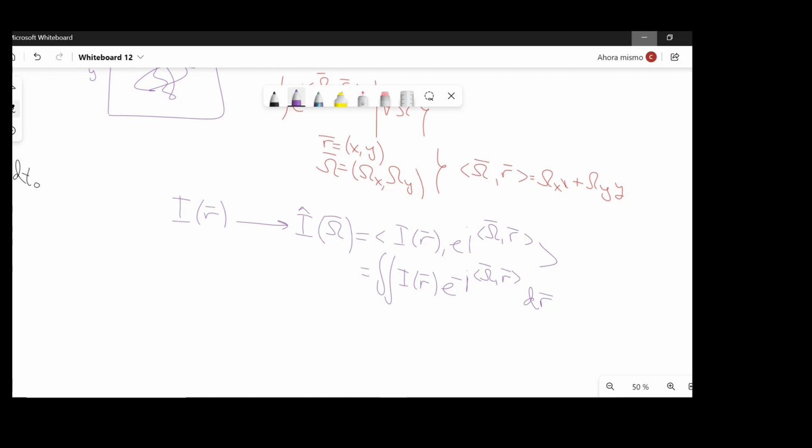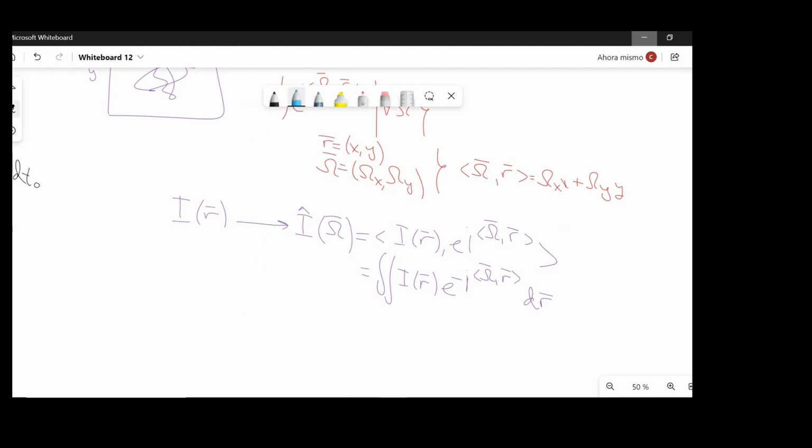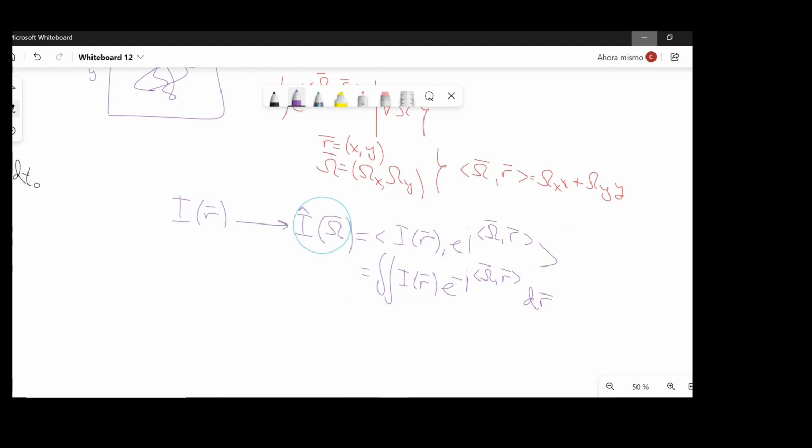Okay, and now I want to do the inverse Fourier transform. So now I have these coefficients, and I want to reconstruct my image. So I have to integrate all my coefficients times my basis, but these are vectors.